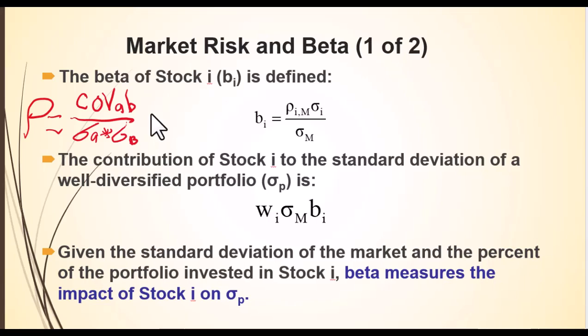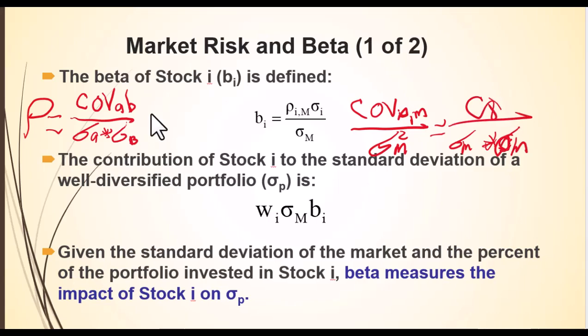But for beta, the numerator is the covariance between asset A and the stock market. That is divided by the variance of the market, which is just the standard deviation of the market times the standard deviation of the market. So the formulas are very similar, except since this is the variance, it obviously makes a big difference here.